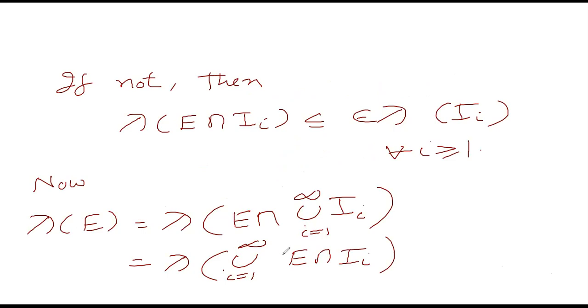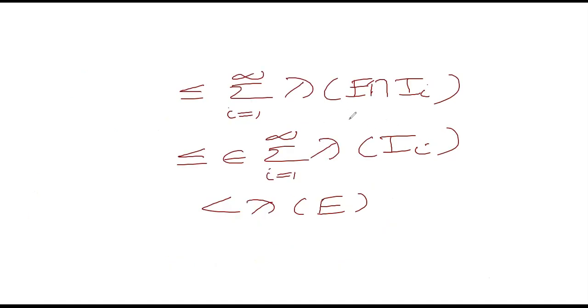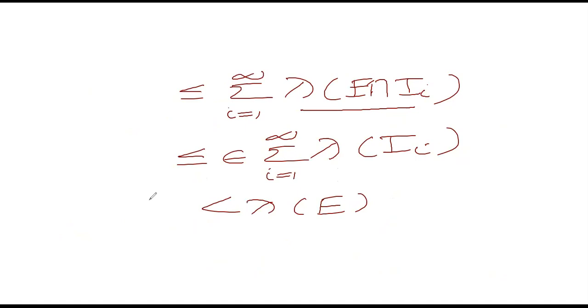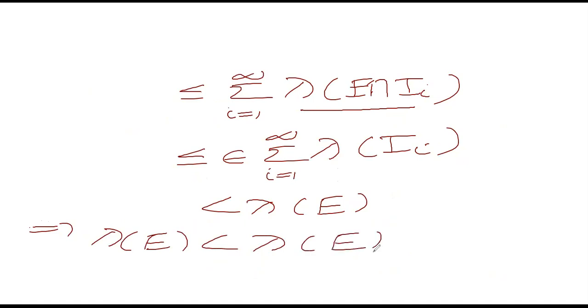Here we have the subadditive property. Then the Lebesgue measure of E intersection I is less or equal to epsilon times the Lebesgue measure of I. And epsilon times the summation of this is less than the Lebesgue measure of E. Which implies the Lebesgue measure of E is less than the Lebesgue measure of E, a contradiction, as required.